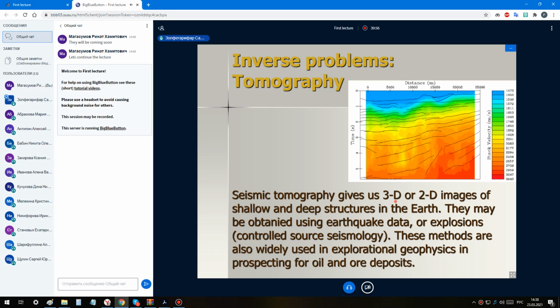You can see 2D seismic tomography with color contouring of distance versus time.